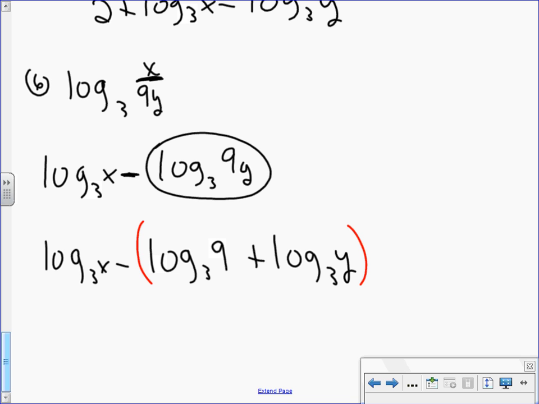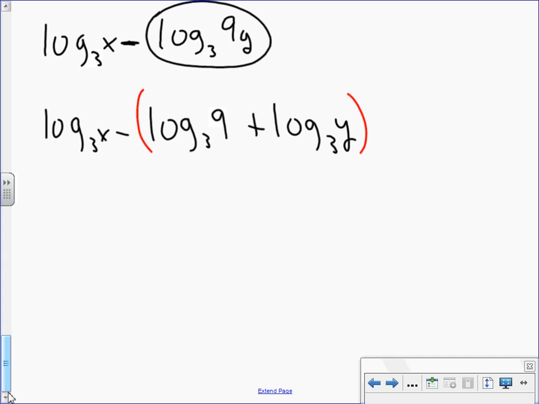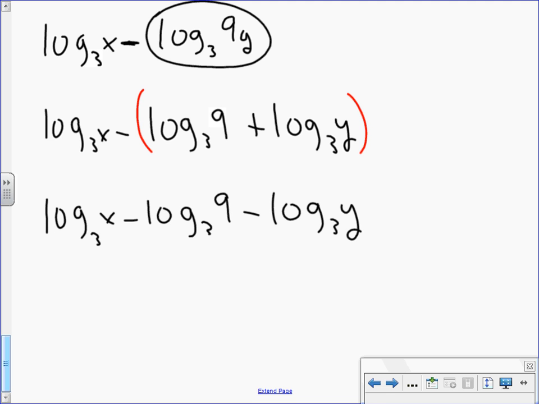That'd be a good thing to put in color, those of you who have your nice white color pen on the table. Or, if you want to, you can skip straight over that step and just go ahead and distribute that minus, and put a minus on the two things that are supposed to have a minus on them. That's perfectly okay. Do you see why they both have to have that minus on them? Yes? And then I'm going to change this thing to a 2. And I'm kind of tired of writing.